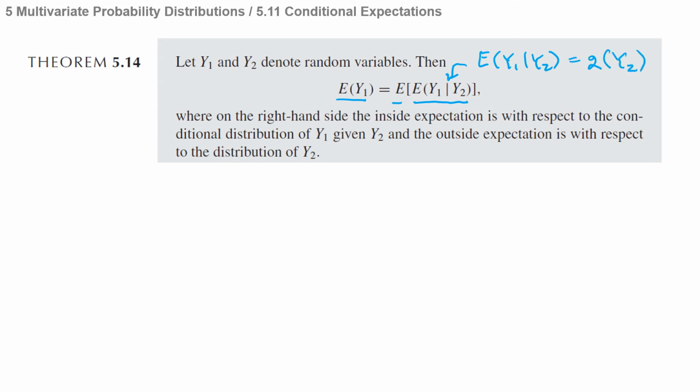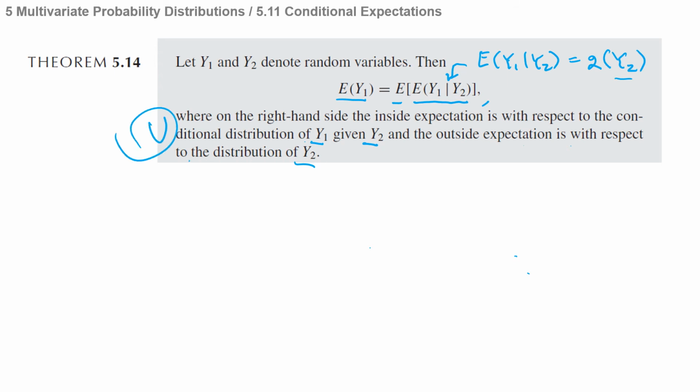And so the outside expectation is with respect to the random variable y2. On the right hand side, the inside expectation is with respect to the conditional distribution of y1 given y2, and the outside expectation is with respect to the distribution of y2. Yeah, actually this is very important.